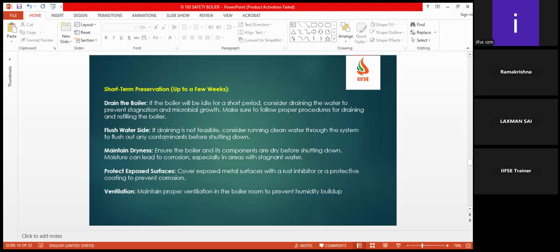Flush the water systems: if the draining is not feasible, consider running clean water through the system to flush out any contaminants before shutting down. So if the draining is not happening without any external involvement, you have to flush with fresh water.